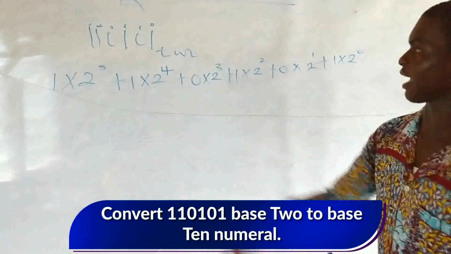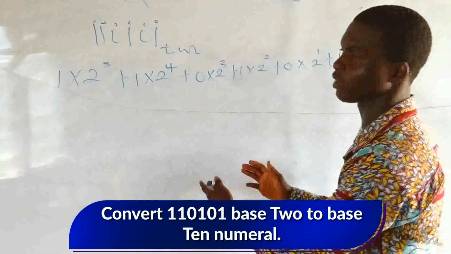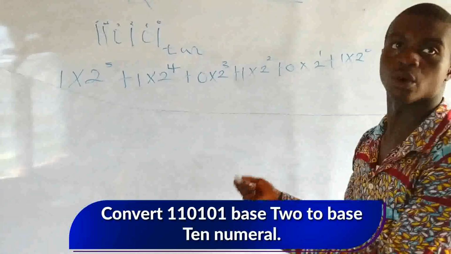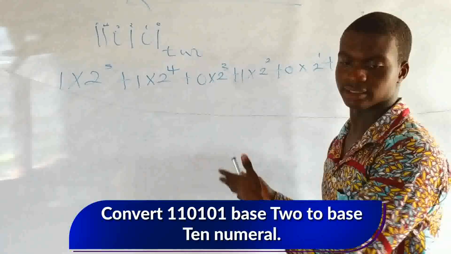Having all these lined up, you just express it in the simplest form. That is, work it out even with your calculator, and then you write down your answer.